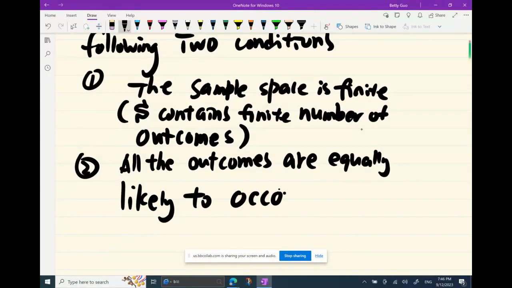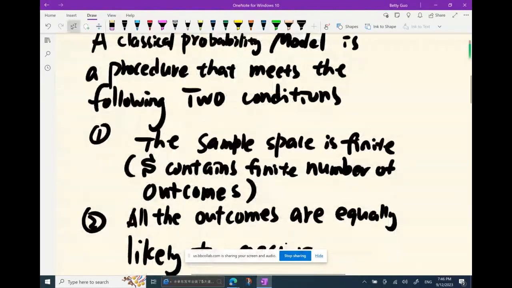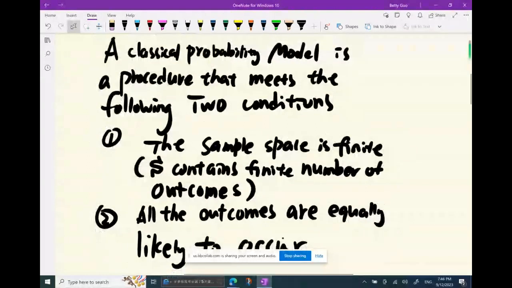All the outcomes in the sample space have the same chance to occur in the procedure. All right, if both of the two conditions are met, then we are looking at a classical model. Let me know when you finish the copy.